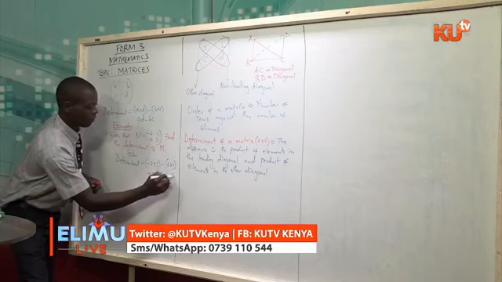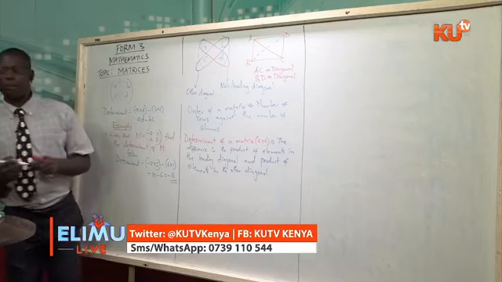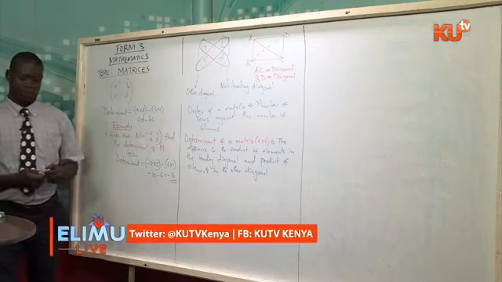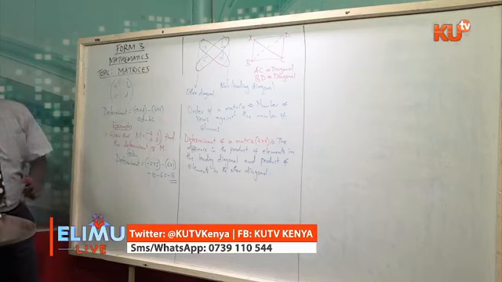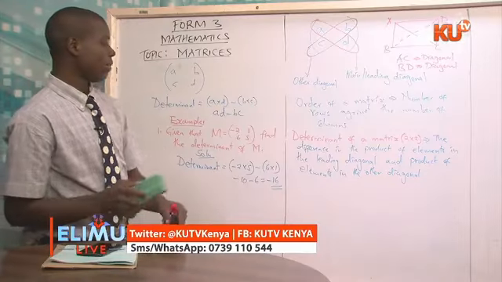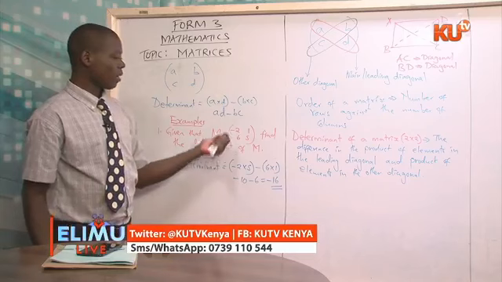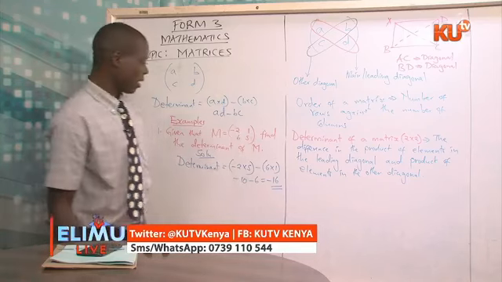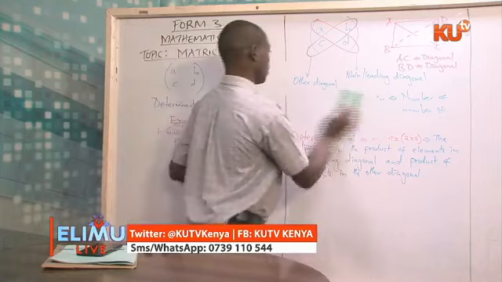And this gives us -16 as our determinant. So the determinant of this matrix is -16. Again, why -16? That is the difference between the product of elements in the leading diagonal and the product of elements in the other diagonal.